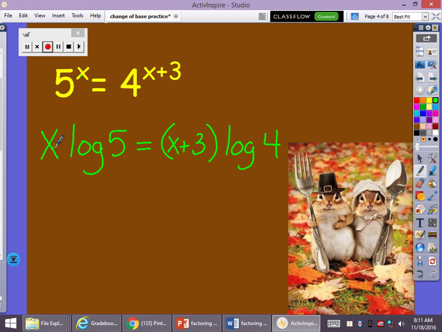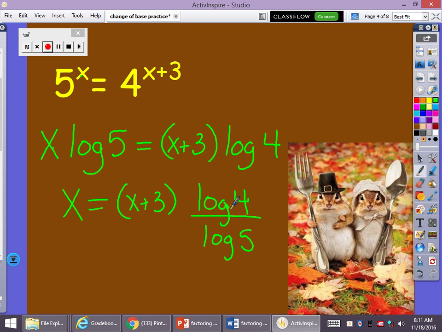Now I'm going to do x equals x plus 3 times log 4 over log 5. It technically is, but I'm trying to keep it easy. Okay, now what would you like me to move?